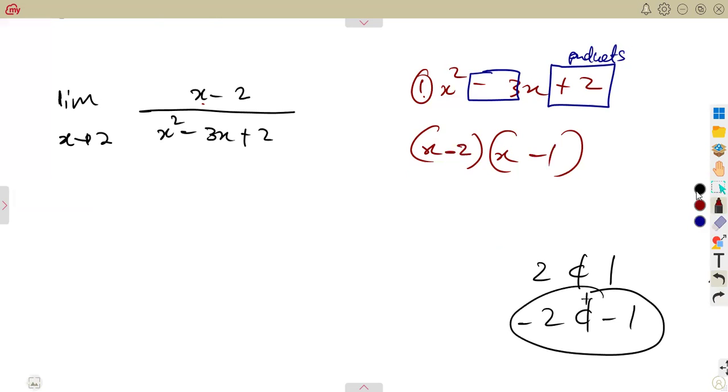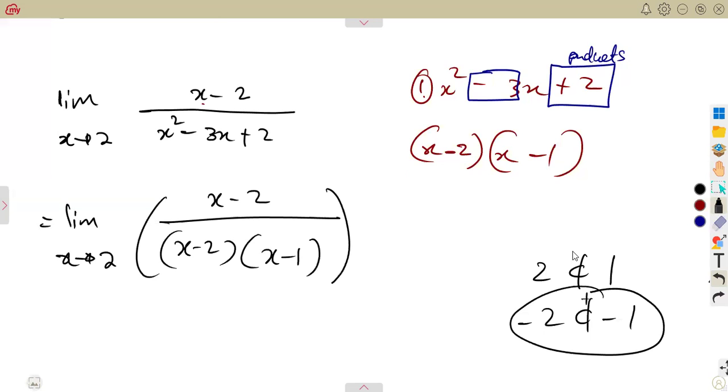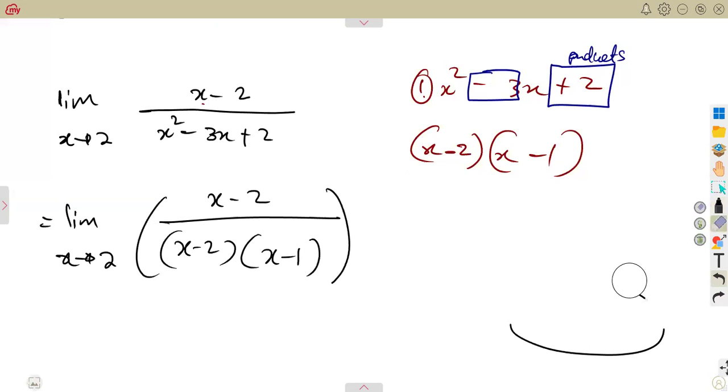So if you're asked to apply factorization, it's going to be like this. The limit as x is approaching 2 of x minus 2 over the factorized part, which is these 2 brackets: x minus 2 into x minus 1. This is from your factorization concept.